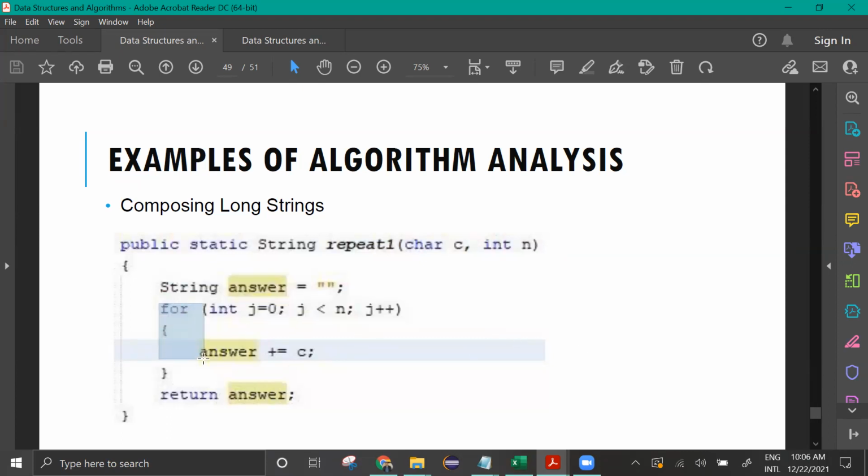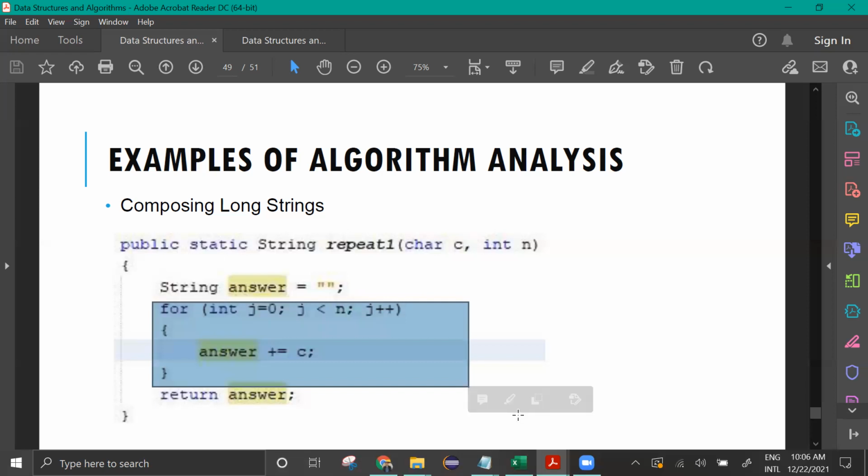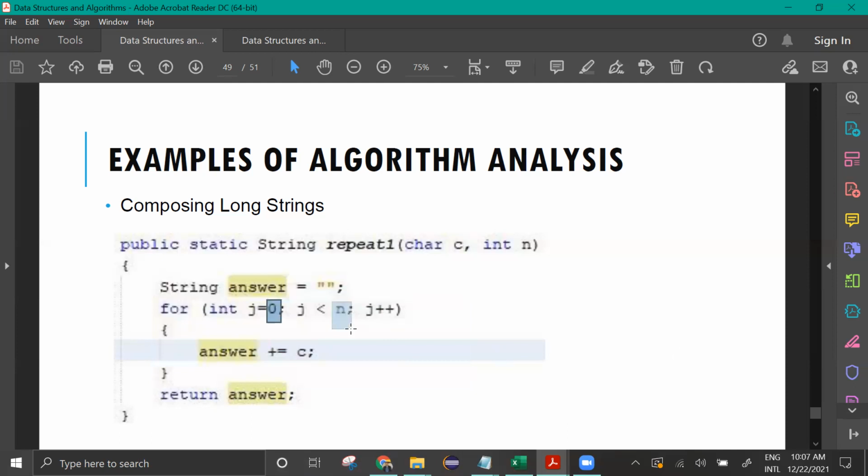Then we have a loop. The loop goes from 0 to n, and it iterates one at a time, right? So if you're looking at this loop, it iterates from 0 up to n, not including n.